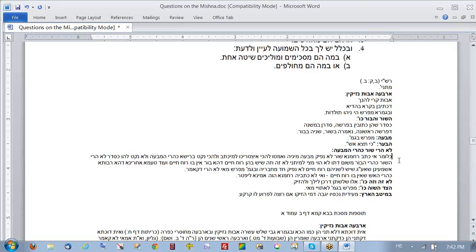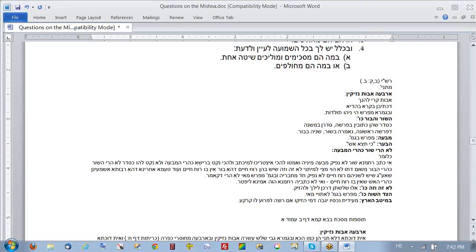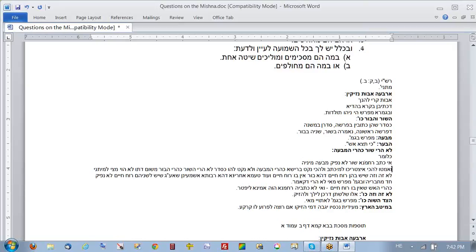Okay, so lo hari shur kahari hamava, klomar, ikas of rachmana shor, lo nafik mava menei. So if the pasuk would have only written shor, then we wouldn't have been able to derive mava from it.